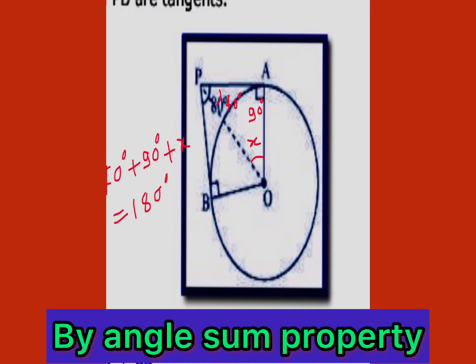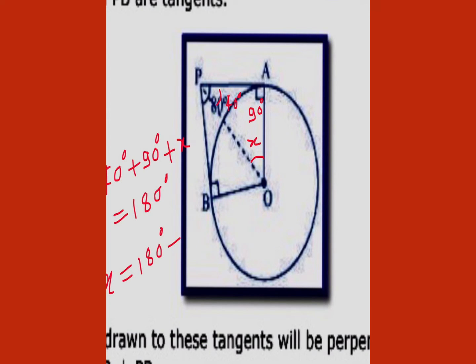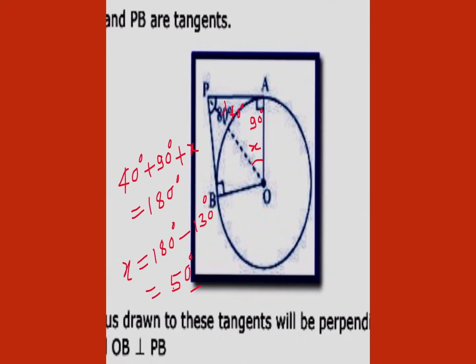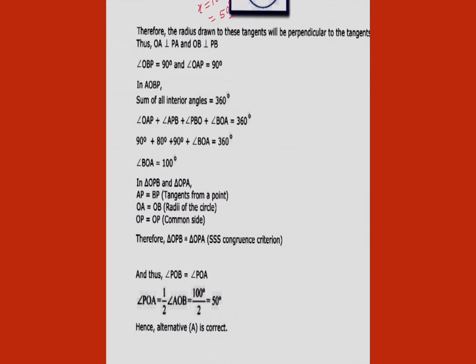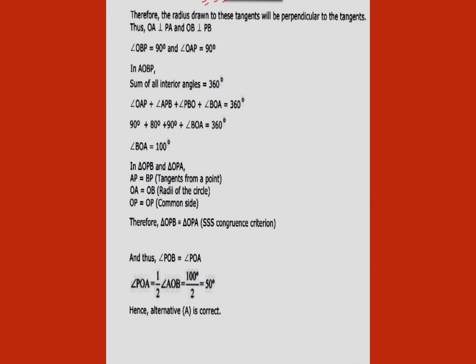Now x equals 180 degrees minus 130 degrees, since 90 plus 40 is 130. So if you subtract 130 from 180, you get 50 degrees. So 50 degrees is the answer of this question, and this is the proper solution. Thank you so much.